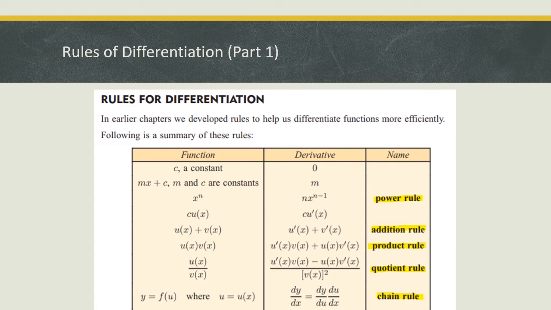However, for antiderivatives, you would essentially do the reverse of this. So instead of subtracting 1 from the exponent, you would add 1 and divide. That's basically the opposite of what you are doing here to find the original function.